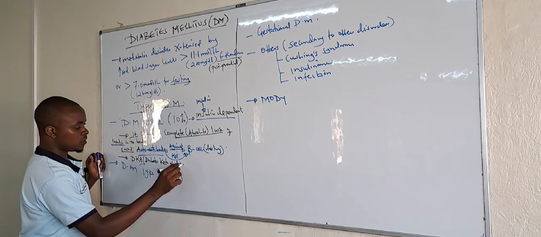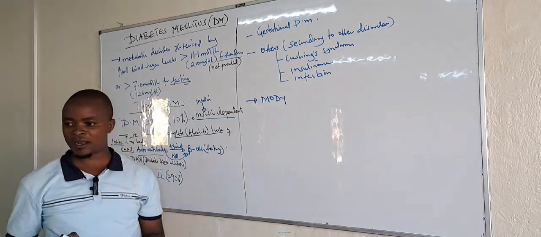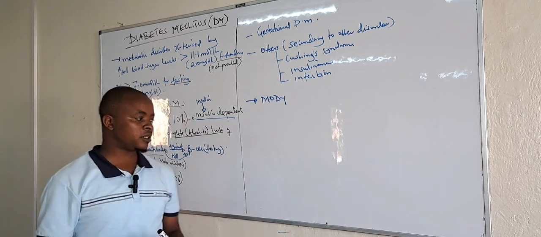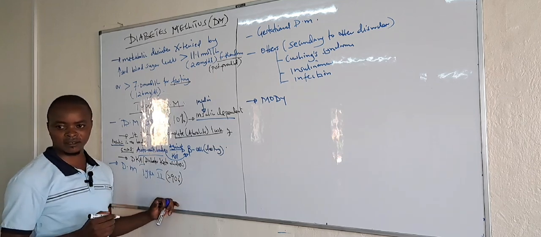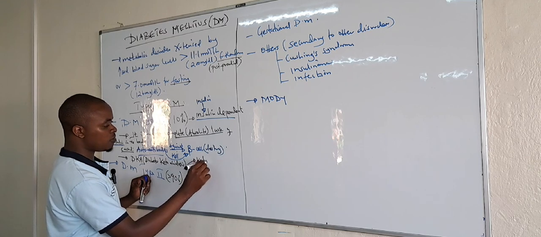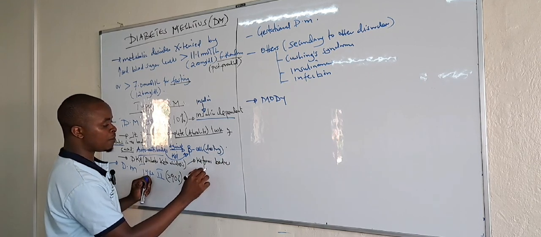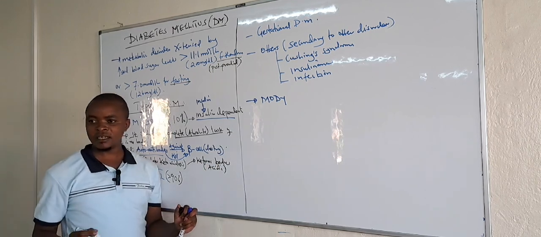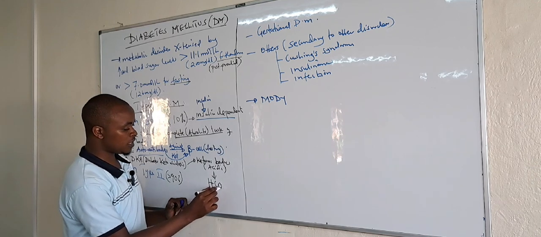You can ask yourself, how does DKA come in type 1? Because there is complete lack of insulin, the acetyl-CoA which is formed is channeled into what we call ketogenesis. There is formation of ketone bodies, and these ketone bodies are moderately acidic. Because they are moderately acidic, they deplete bicarbonate reserves in the blood.